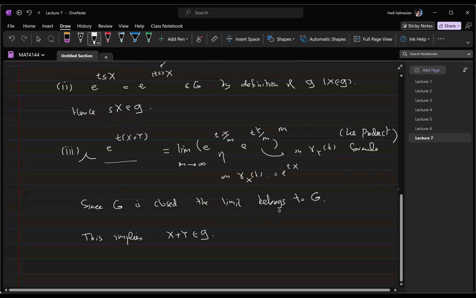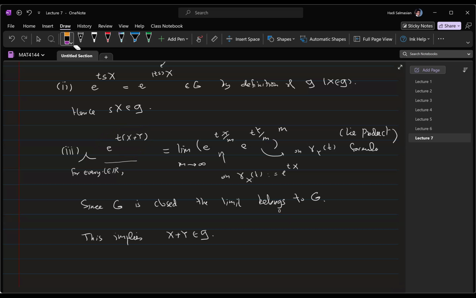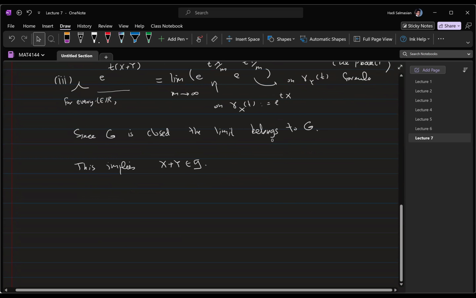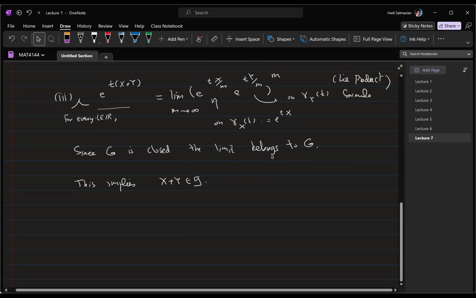So maybe I should just add here for every t, we have verified that this quantity is indeed in G. And therefore, x plus y should be in G. Okay? So the argument requires this trick. And you will see that we will use this trick a few times today and later on. Okay, any questions?